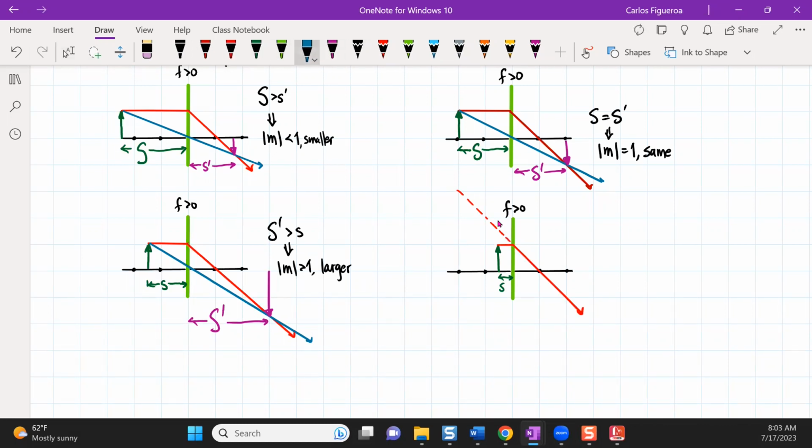Now looking at my second ray, you could see that the image distance is still larger than the object distance. It's still farther from the lens. So therefore, S prime is greater than S. That tells me that the magnification is greater than 1, and therefore I get a larger image.